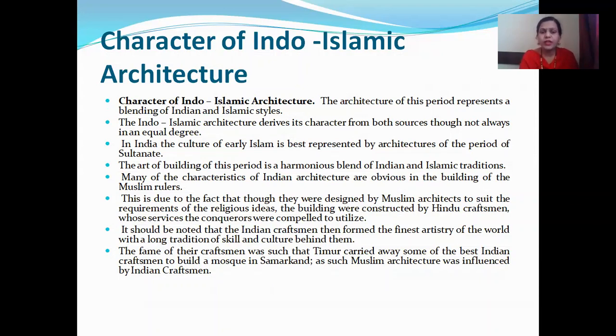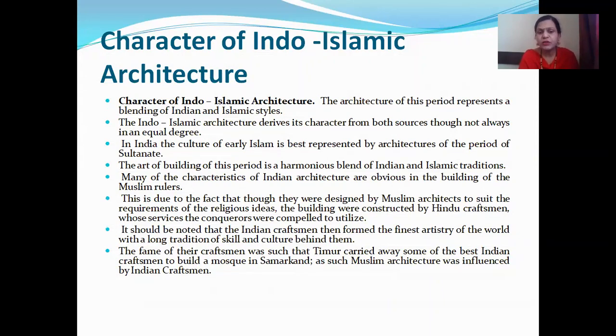This is due to the fact that though they were designed by Muslim architects to suit the requirements of religious ideas, the buildings were constructed by Hindu craftsmen, whose services the conquerors were compelled to utilize. It should be noted that Indian craftsmen then formed the finest artistry of the world, with a long tradition of skill and culture behind them.